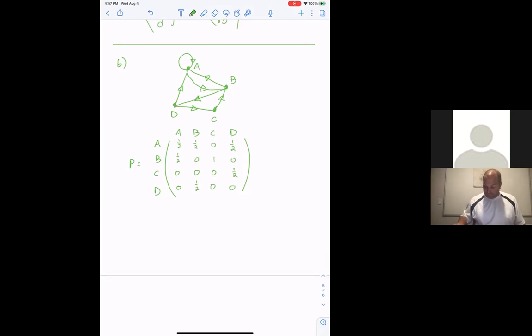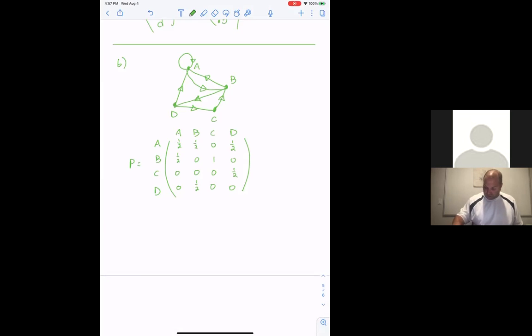So that is P. So I'm going to now edit another matrix, 4 by 4. We got 0.5, 0.5, 0, 0.5, 0.5, 0, 1, 0, 0, 0, 0, 0.5, 0, 0.5, 0, 0.